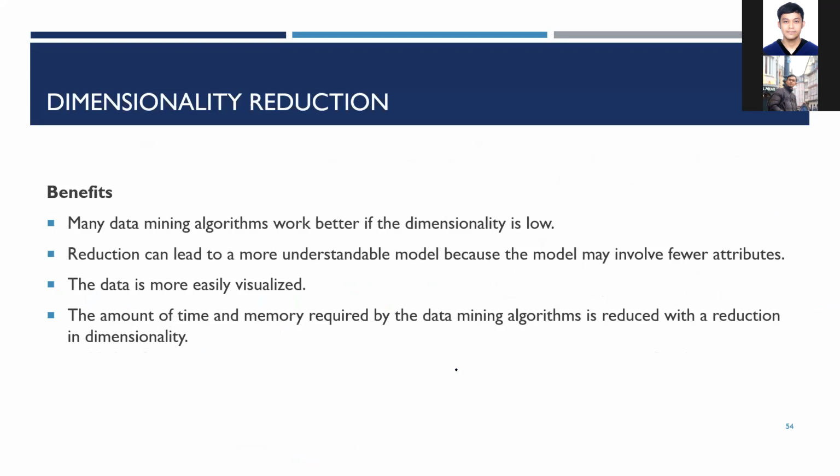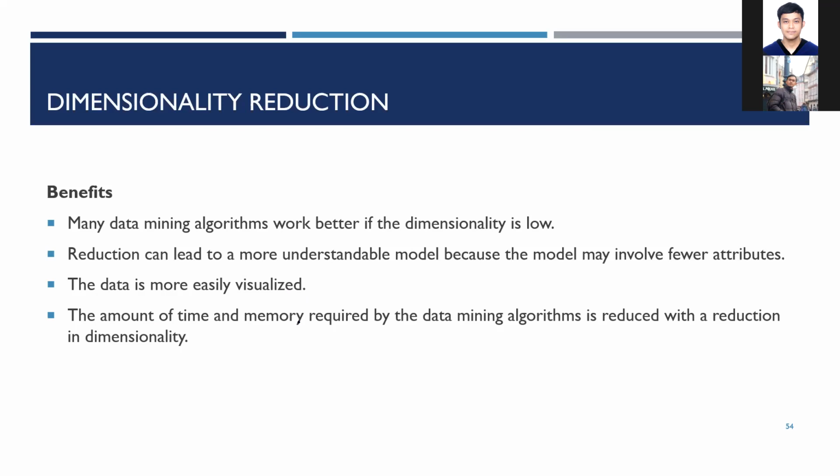So at the step of data collection, we think that we just collect as many attributes of the data as possible. But processing big data is more difficult, of course, than small data.